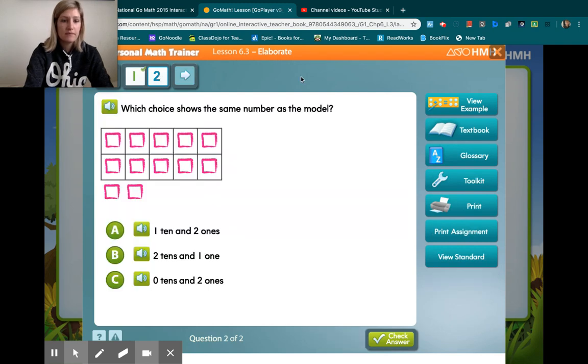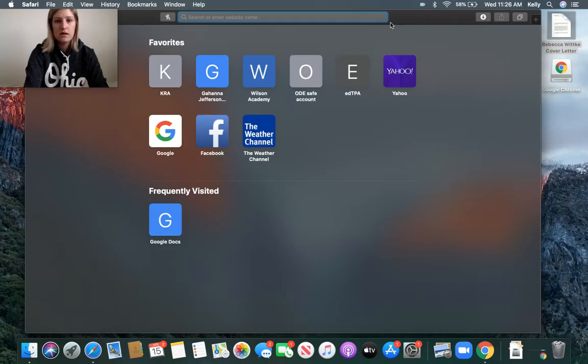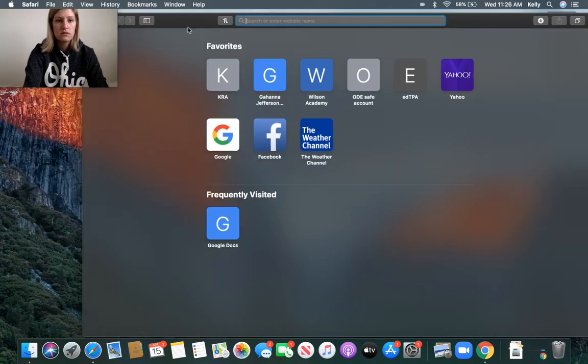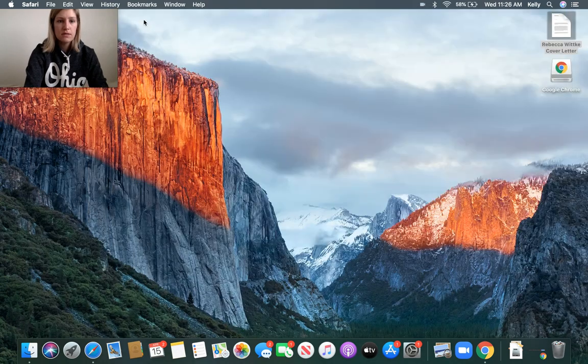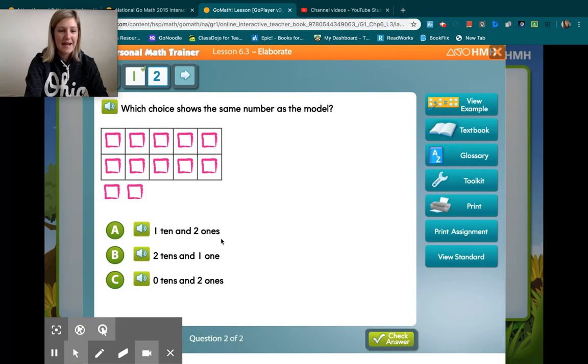All right, let's look at the next one. Okay, great. It says, which choice shows the same number as the model? Okay, so let's think about what they're asking first. First, let's think about what the model shows. I see one group of 10, so I'm going to write that. Oopsies, sorry, friends. Mrs. Maris made a mistake. Okay, we're back.